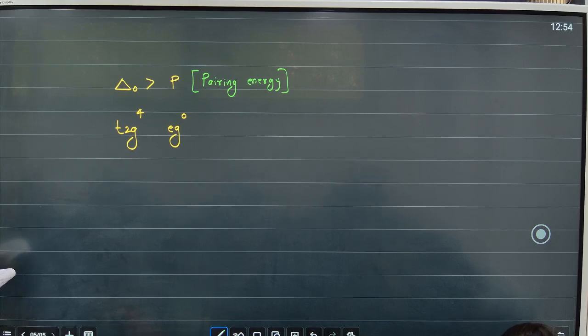And the ligands for which delta naught is greater than P are known as, what will you say, people?